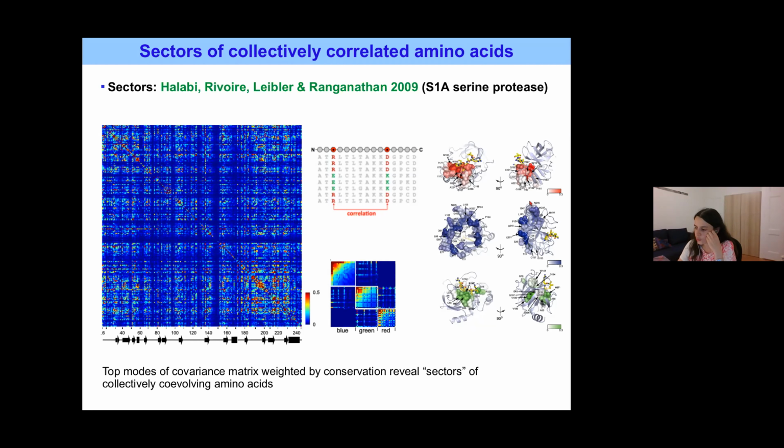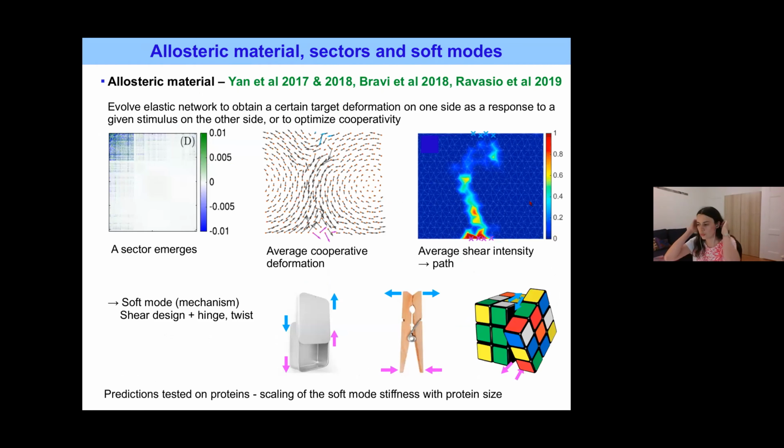And so then we may ask where these sectors come from in terms of the function of the protein. In a recent line of work by the group of Mathieu Viard, it was shown that if an elastic network is evolved in order to be allosteric, that is to say, in order to obtain a certain target deformation on one side as a response to a given stimulus on the other side, or to optimize cooperativity of the deformation, then this kind of sector arises from these materials.